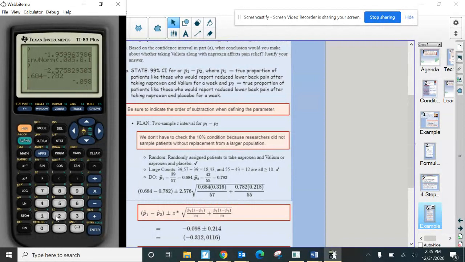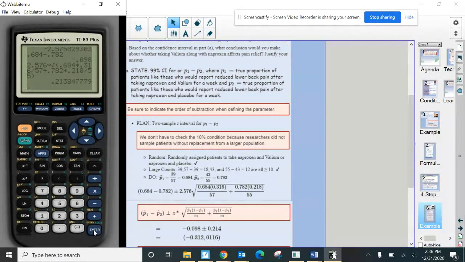And then we put in 2.576 times the square root of 0.684 times 0.316, because that's 1 minus 0.684, divided by 57, plus 0.782 times 1 minus that, which would be 0.218, divided by 55.